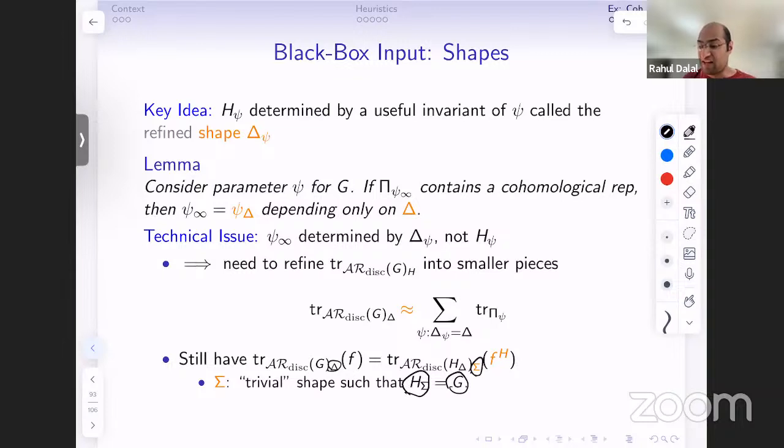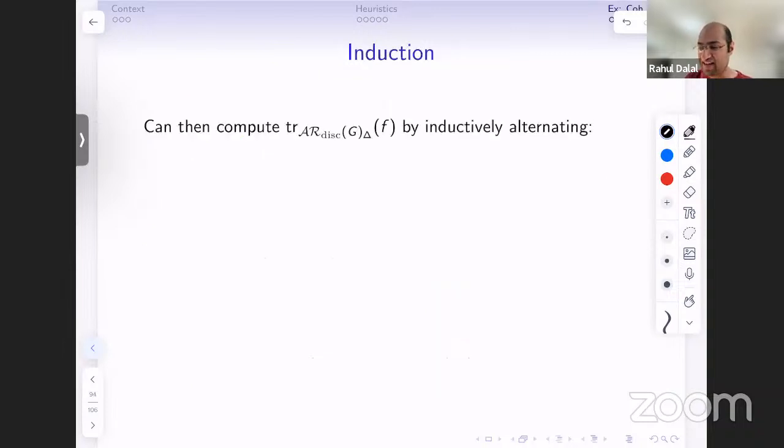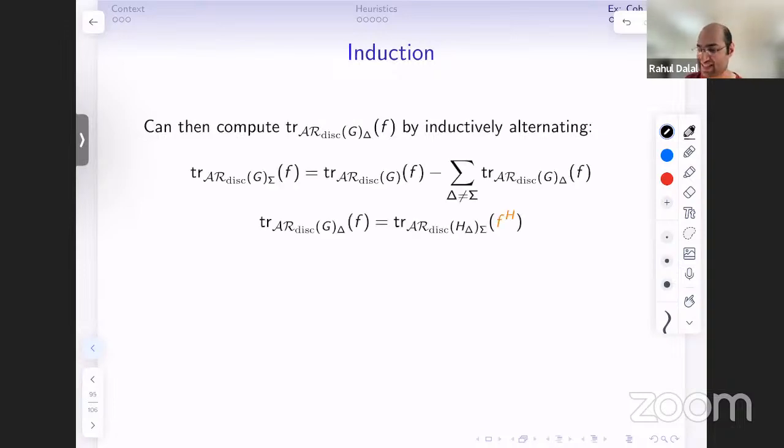So now we're good enough if we've reduced everything to being able to compute this trace against a spectrum for a given shape. And how we can do this is we inductively alternate two identities. The first identity is kind of a triviality: if you want to isolate the piece for the trivial shape, you take the entire piece and you subtract off everything else.